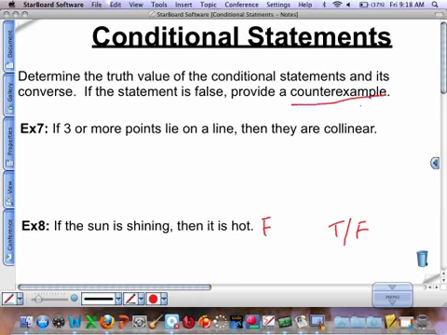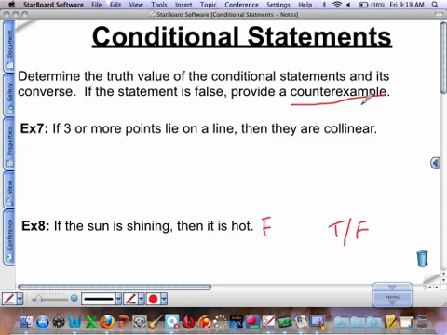Next word that we're going to talk about today is counterexample. A counterexample is an example that shows the statement is false. This is your best day. This is when you get to be teenagers for once, and you actually get to argue and prove that someone is wrong. A counterexample is an example that shows the statement is false. So you told me that if the sun is shining, then it is hot. You said that's a false statement, Mr. Thomas, prove it to me.